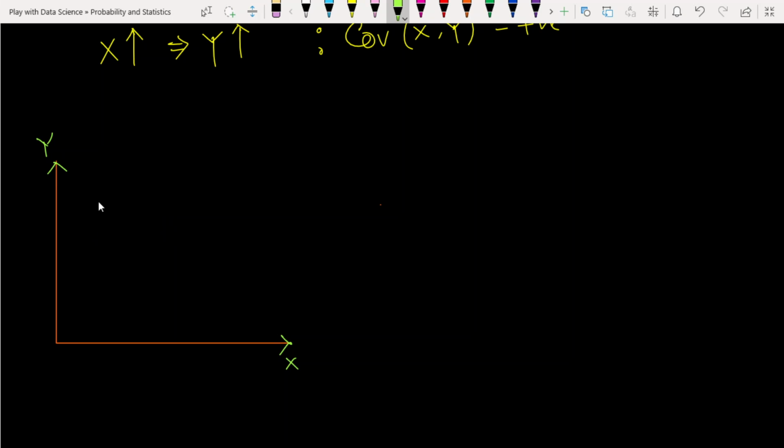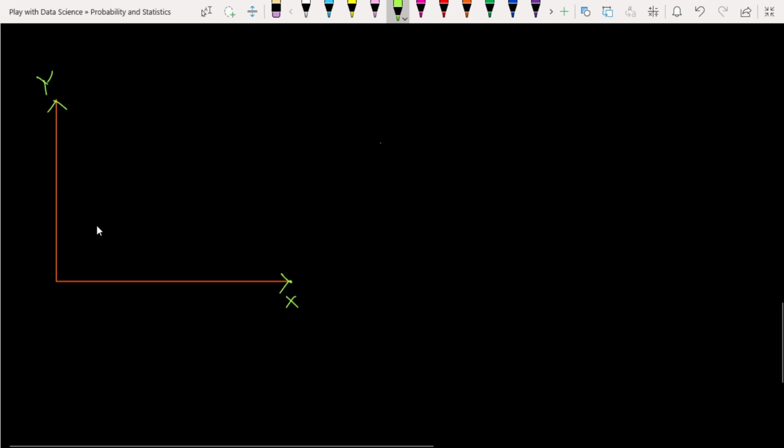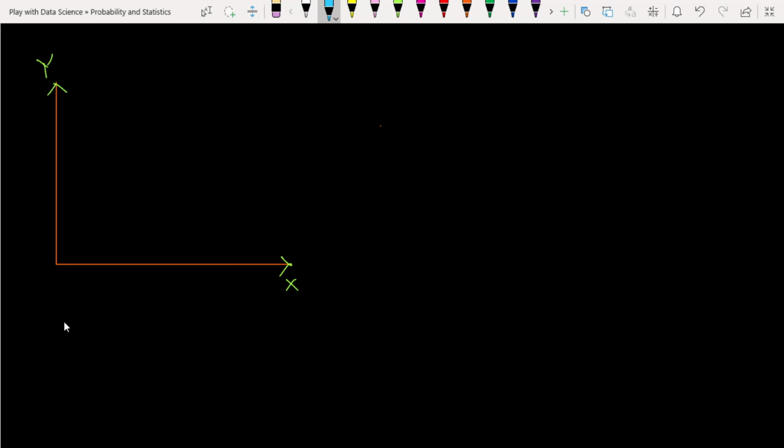Now I am going to discuss the relationship where, if x increases, then y decreases. If this happens, our scatter plot will look like this type: if x increases, y decreases.